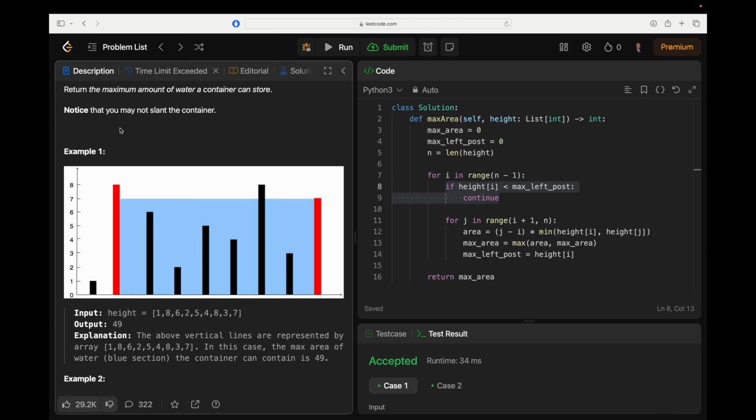That could be something. So for example, this one has 9. It has a max distance of 9 between this one and this one. And it has a max height of the second highest value.